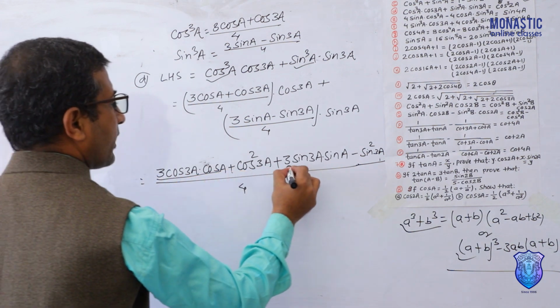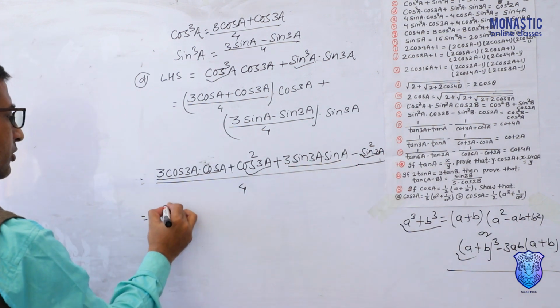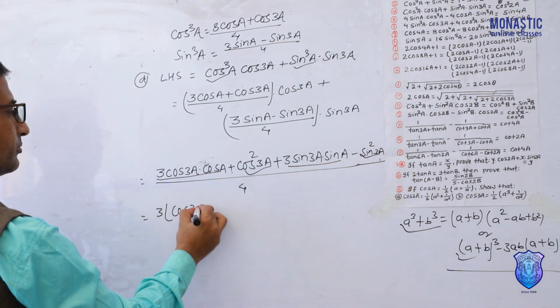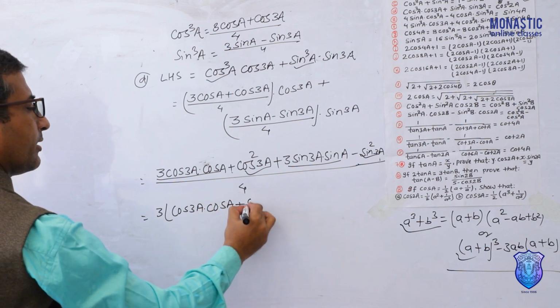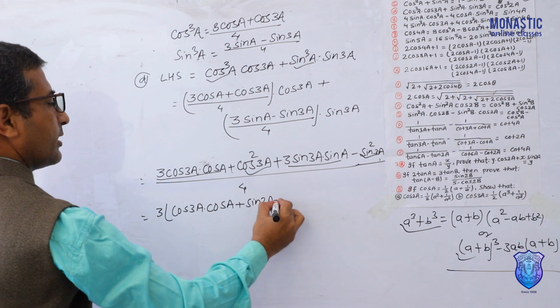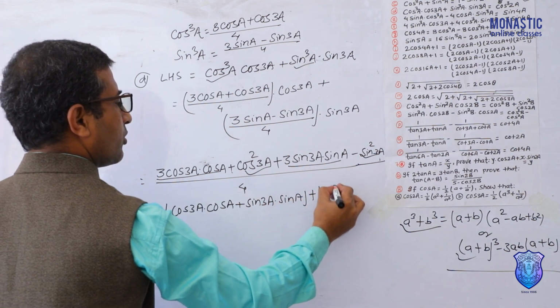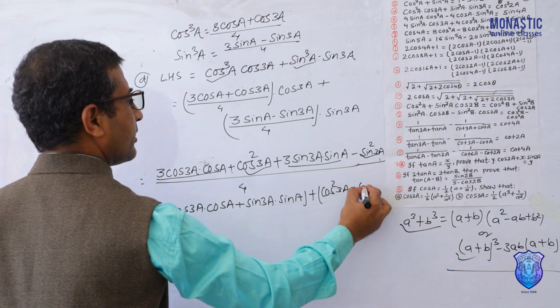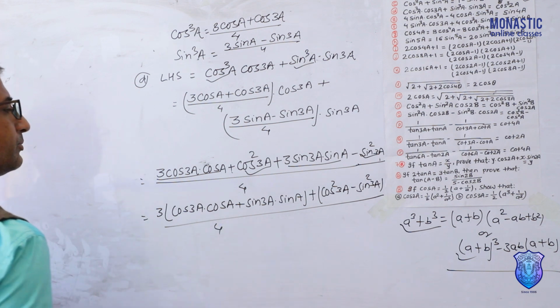Look there, both have 3, both have a square. Take the 3 common. It came cos 3a into cos a plus sine 3a into sine a. And group these two. Cos square 3a minus sine square 3a by 4.